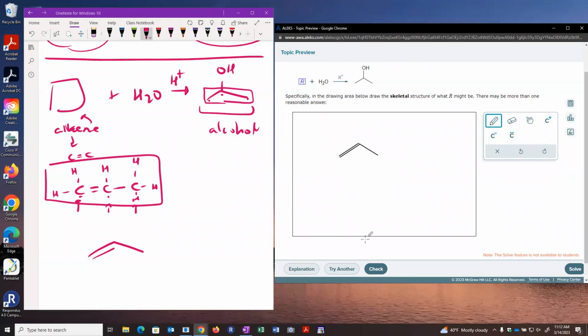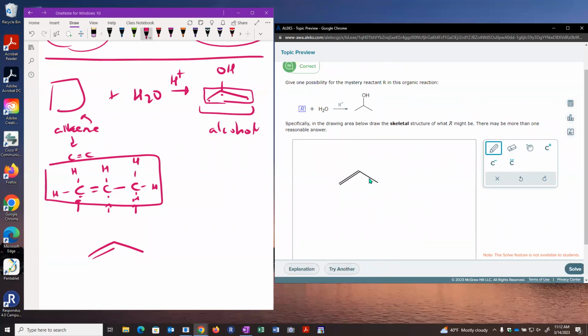Here we go. And if I check this, that can be a possible reactant where I add water to it, and H goes to the carbon of a double bond, the OH goes to the other carbon of the double bond. I could just as easily draw it this way with a double bond on the other side. It would be the same molecule.